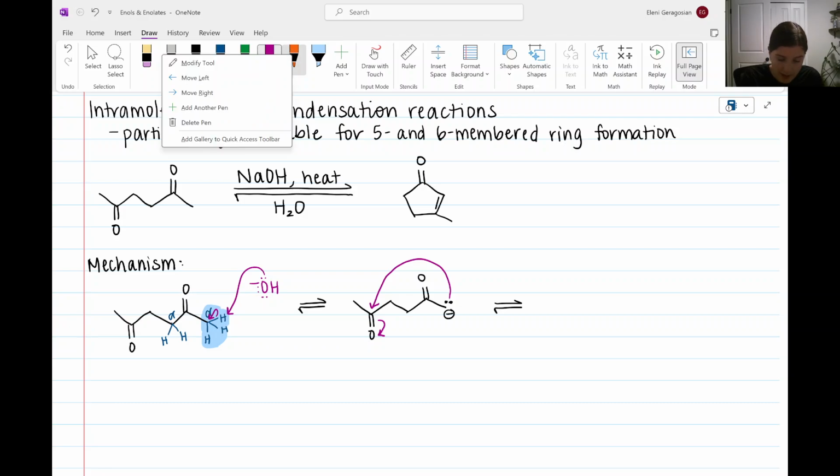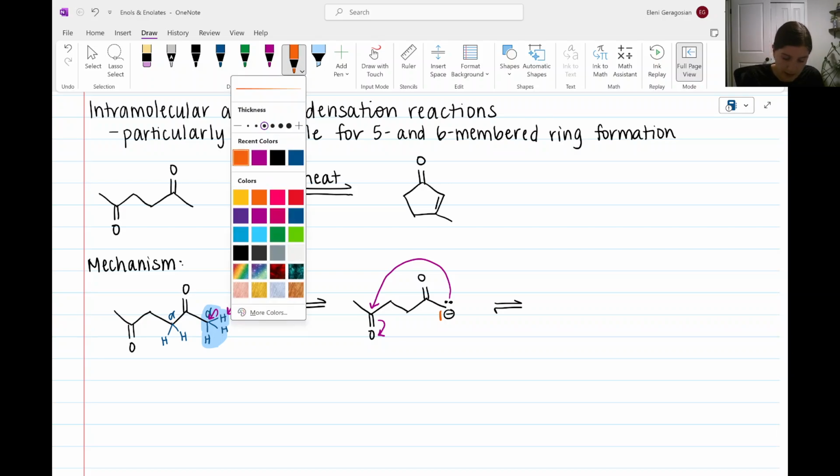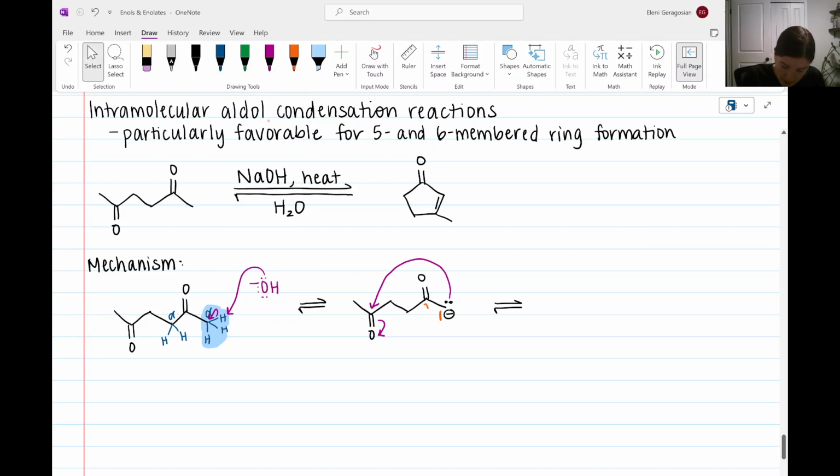So let's number the atoms here and make sure that we draw our ring properly. I'll say that the negatively charged carbon is carbon number 1, 2, 3, 4, 5, and 6. So we have formed a new bond between carbons 1 and 5. We have 5 carbons that are part of the ring.